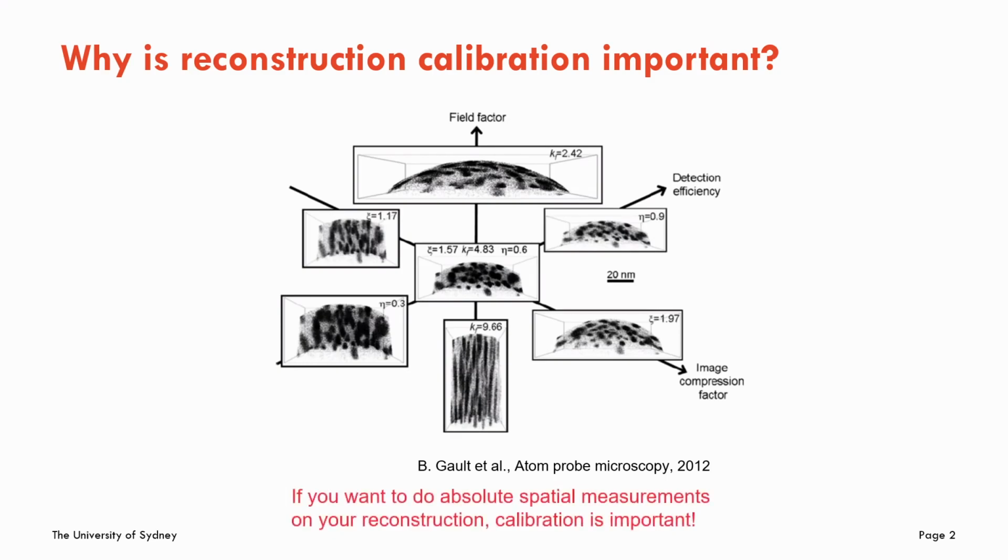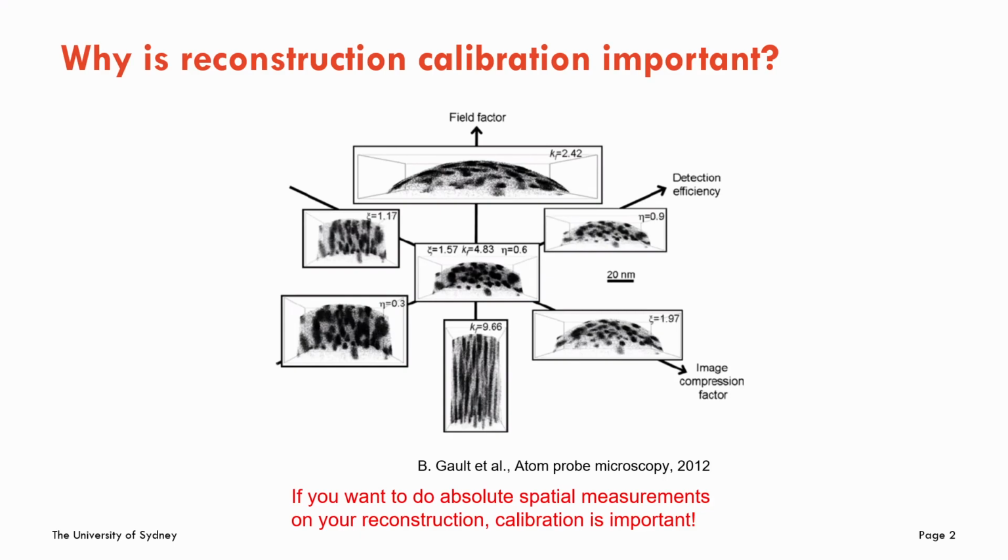And so if you want to do absolute spatial measurements on your reconstruction, like a proxigram or 1D concentration profile, and the absolute distance part of that is important, then it's in your interest to try to do a reconstruction calibration to fine tune that.